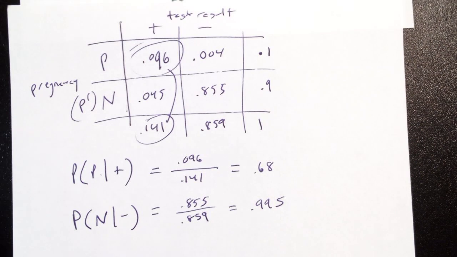So if you have any of it, we want to flag that as a positive test, even though there's a chance we could be wrong, and you could end up with a false positive result. We'd rather be absolutely sure that there's none of it. So this is the sensitive test. Which side would you rather err on? Tell someone they're not pregnant when they are, or tell someone they are pregnant when they're not.